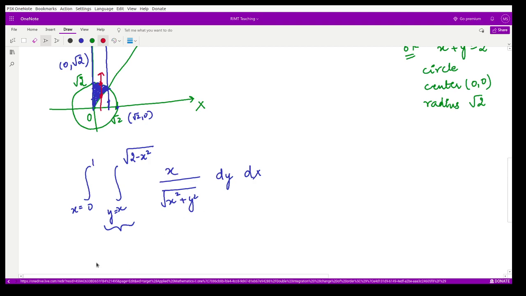But what if I want the limits to be changed?